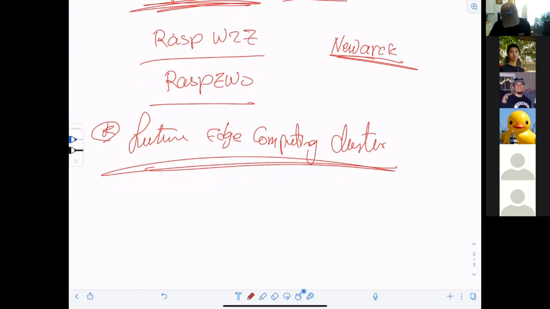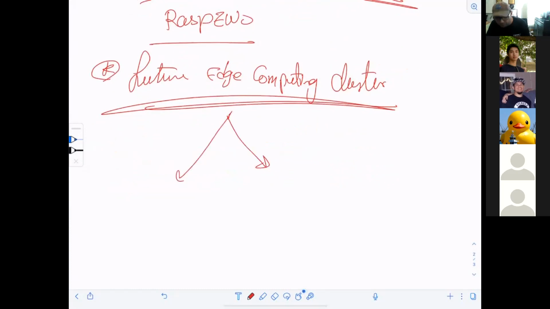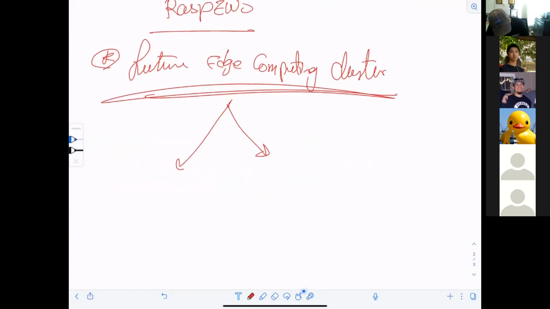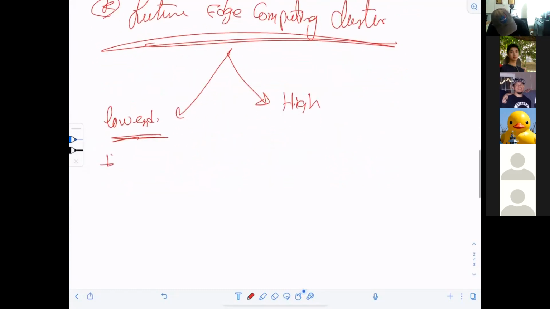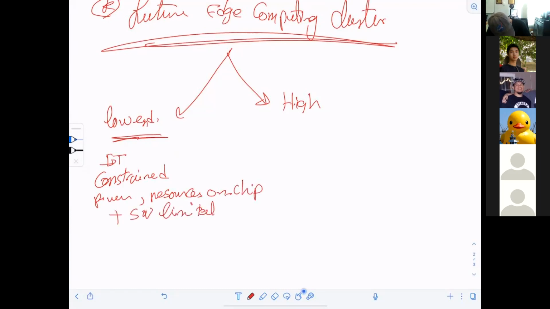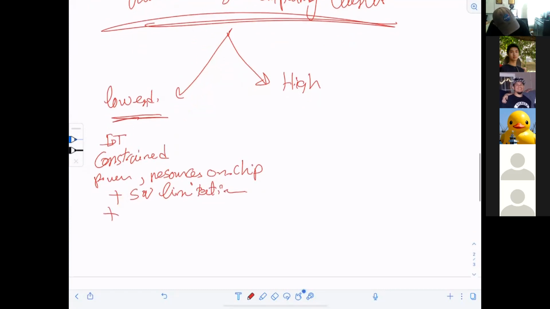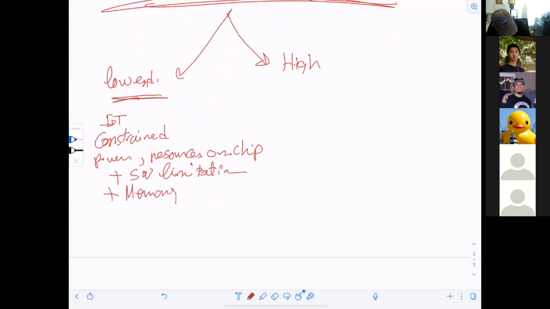I will tell you. There are two different types of computing, right? Something targeting high end, something targeting low end. Low end means IoT, which is basically constrained in power, resources on chip, plus software limitation, plus memory limitation.